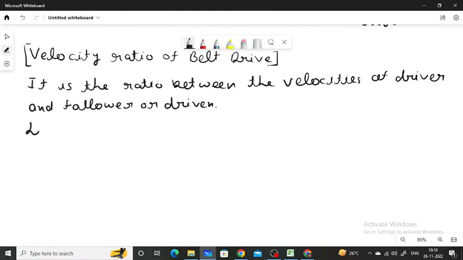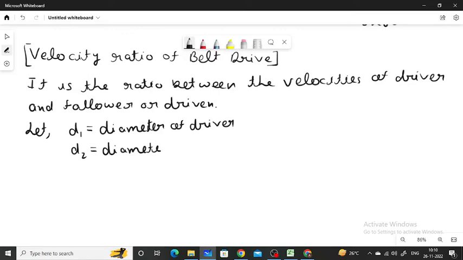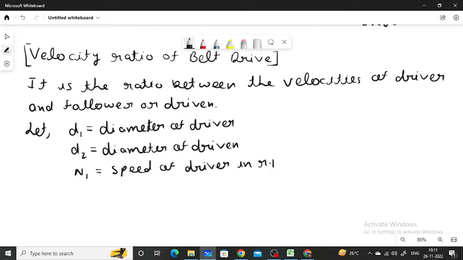Let d1 is equal to the diameter of driver pulley, d2 is equal to the diameter of driven pulley, n1 is the speed of driver in rotation per minute, n2 is equal to the speed of driven in rotation per minute.